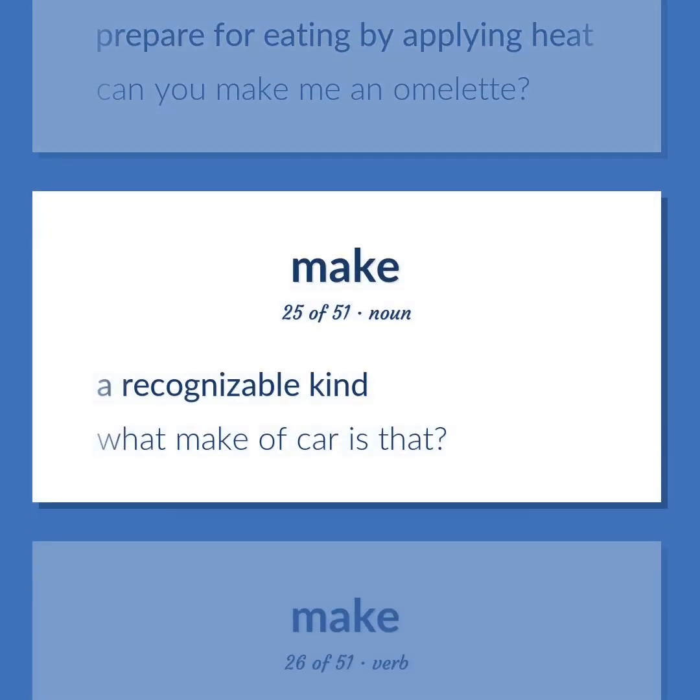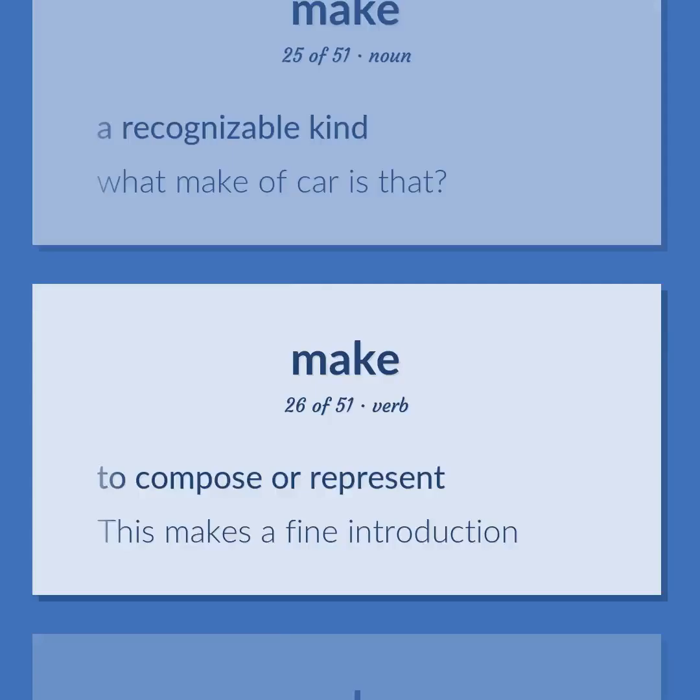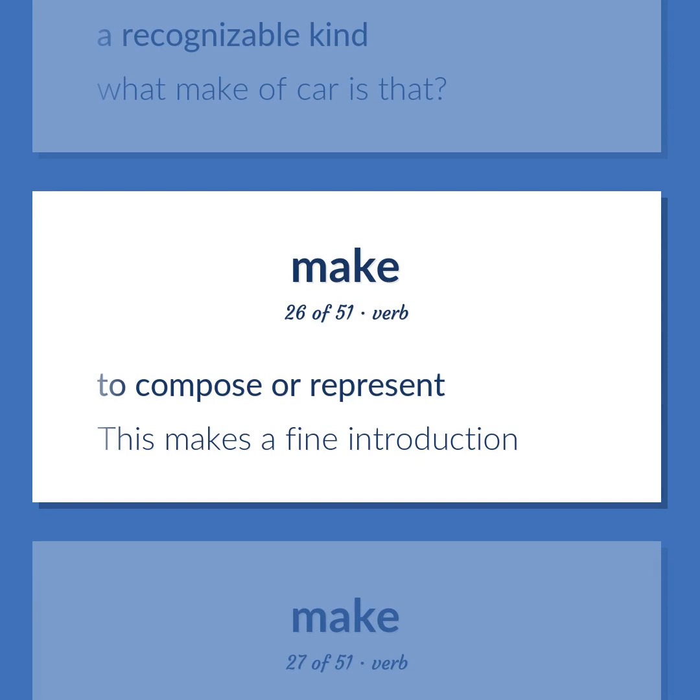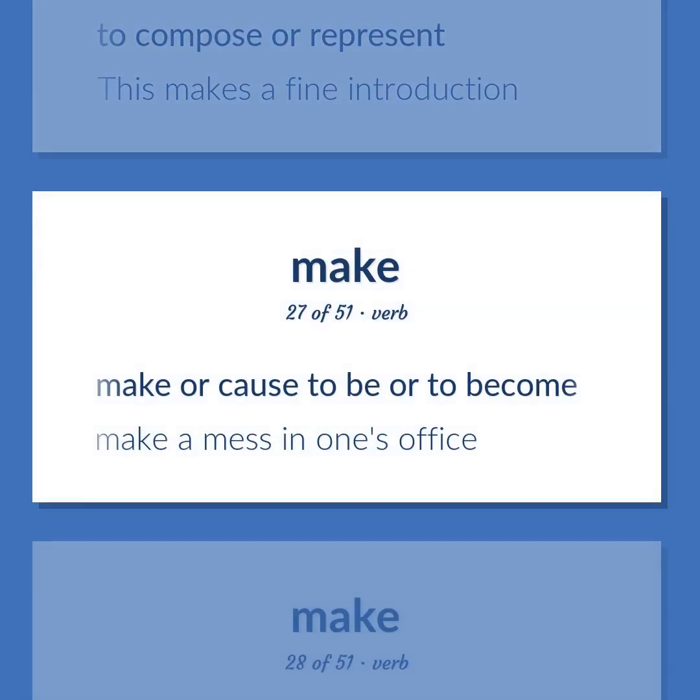A recognizable kind. What make of car is that? To compose or represent. This makes a fine introduction. Make or cause to be or to become. Make a mess in one's office.